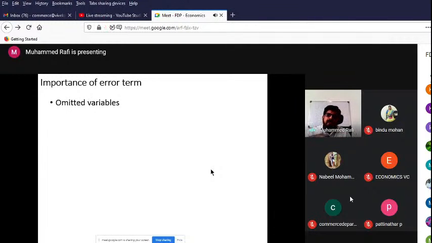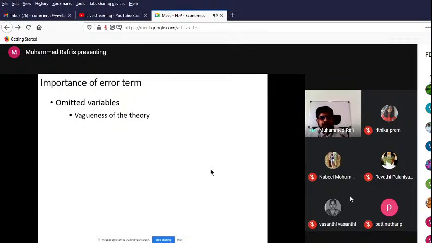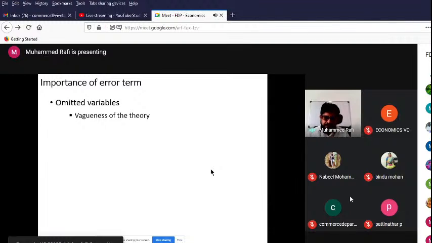So, whatever the omitted variables can explain will be reflected in the form of the error term. And there are different reasons why you don't include some of the variables. One reason would be the vagueness of the theory. The theory might be explaining only the relationship between consumption and income.